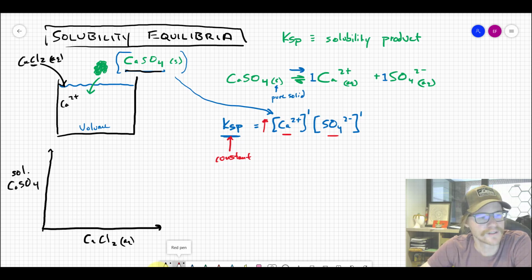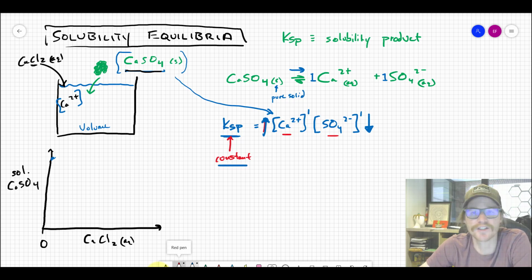If we have 0 calcium being added from another substance like calcium chloride, then we have the sort of maximum solubility of calcium sulfate. But as we keep increasing the concentration of calcium from this exogenous salt, this other thing, then what that does is it artificially drives up this calcium concentration, which means that this sulfate concentration has to go down to ensure that this constant value is maintained, right?